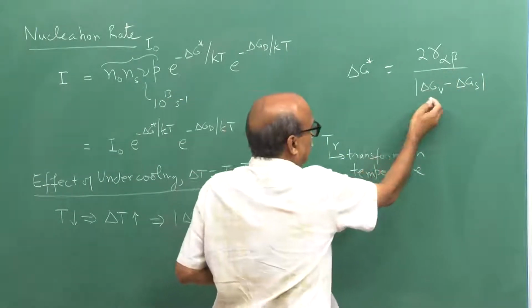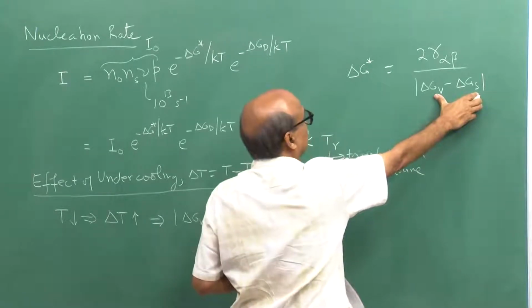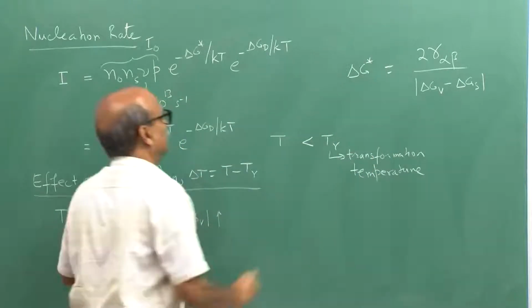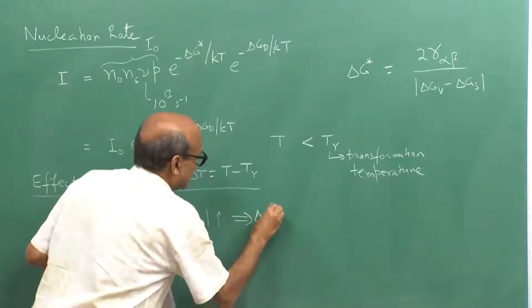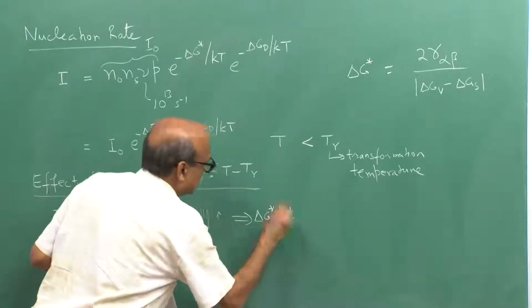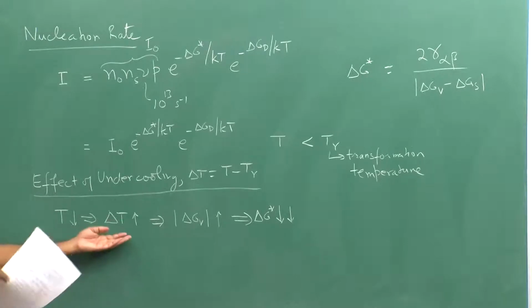As the undercooling increases, the quantity in the denominator would increase, and as a result delta G star would reduce. In fact, delta G star can substantially reduce as a result of increasing undercooling.